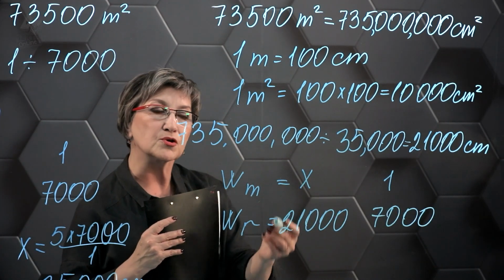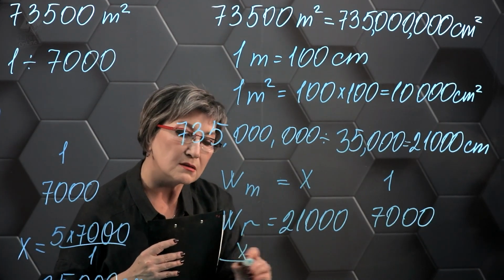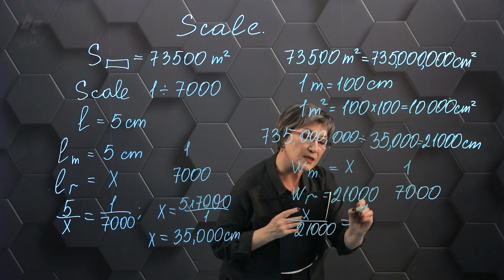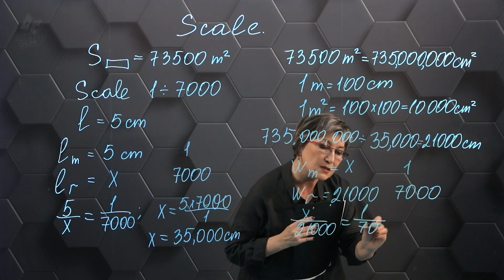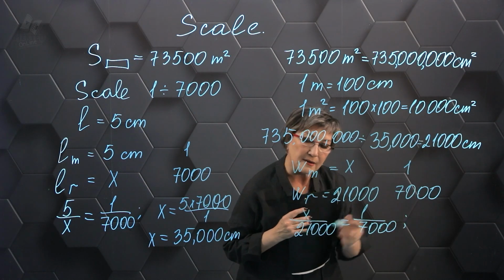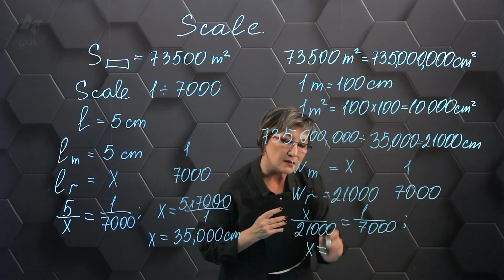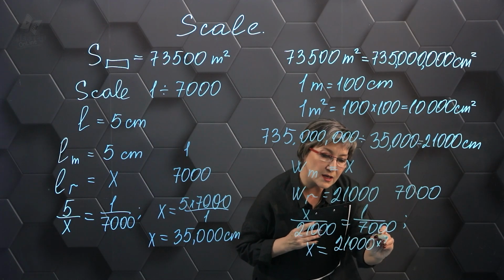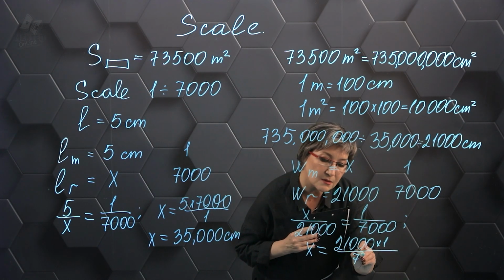Let's use the ratio. x relates to 21,000 as 1 relates to 7,000. And then we find x. x equals 21,000 times 1 divided by 7,000.